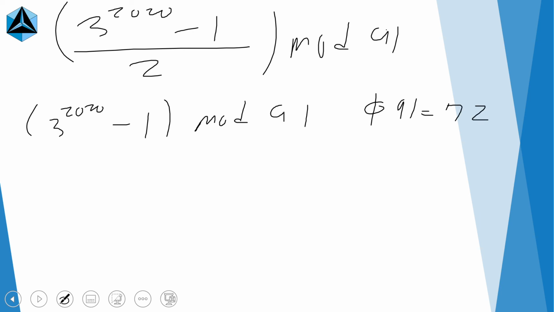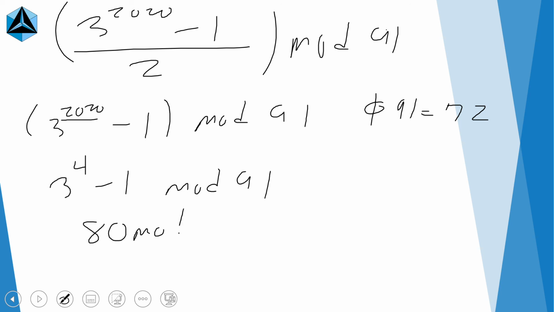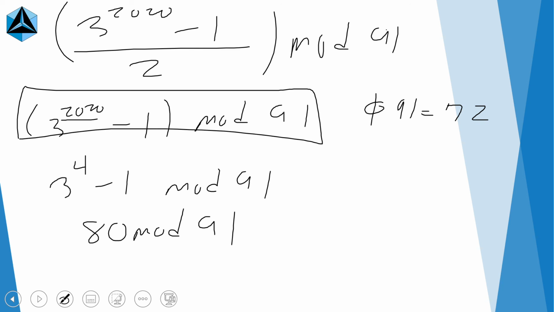So we can replace this exponent 2020 with its residue mod 72. Evaluating 2020 mod 72 gives us 3 to the 4 minus 1 mod 91, which gives us 80 mod 91.